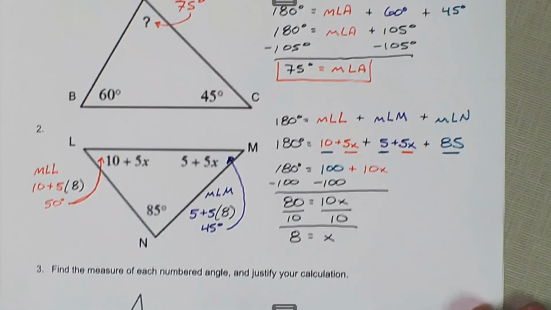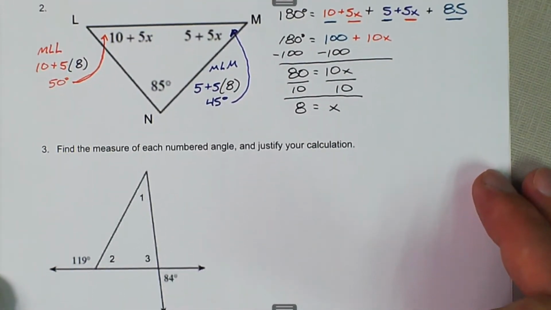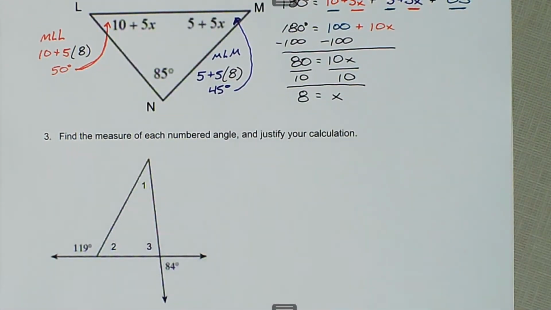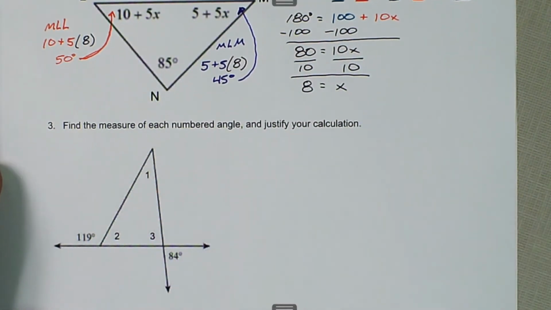The next one we've got to do a few extra steps before we can use the triangle sum theorem. It says find the measure of each numbered angle and justify your calculation. So for this one, we have to use vertical angles and linear pair in order to find out what those missing angles are.